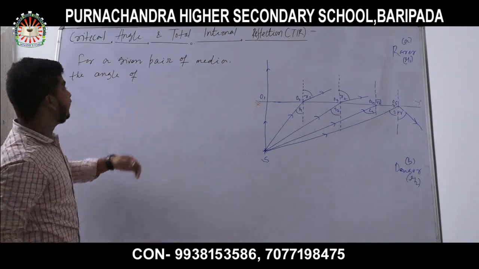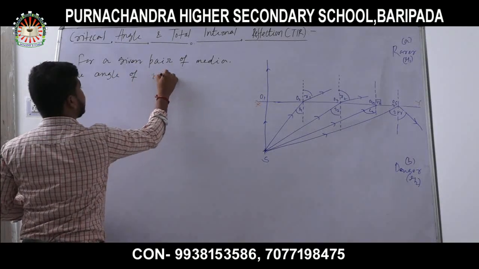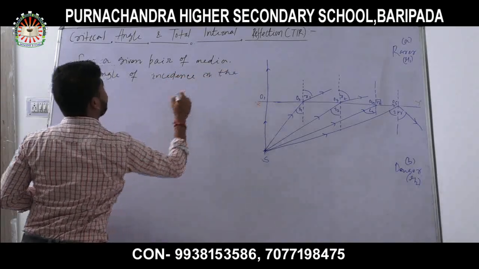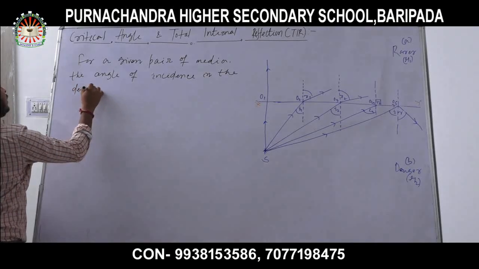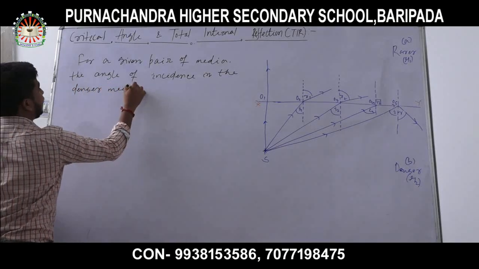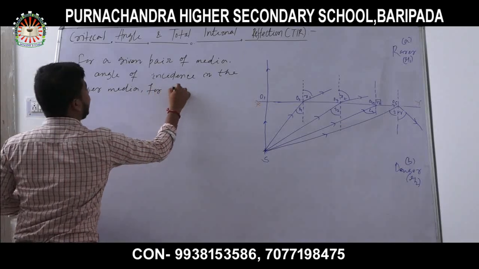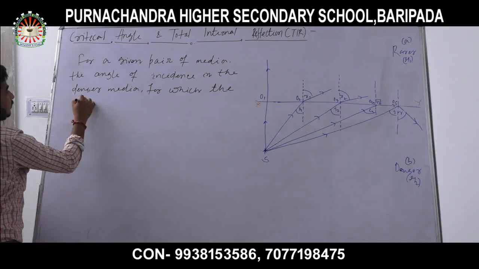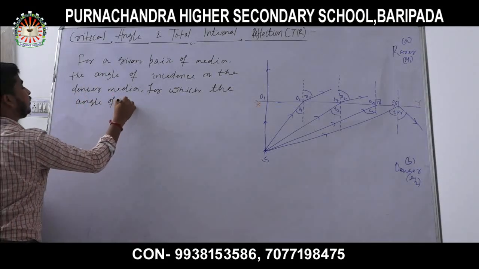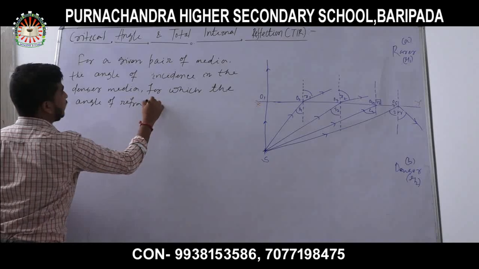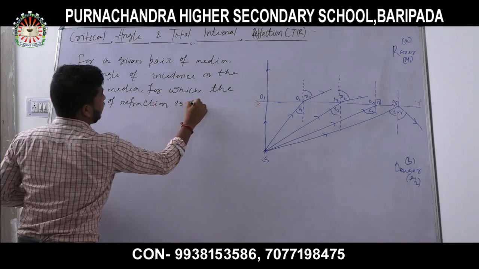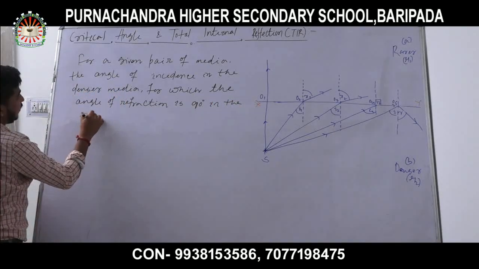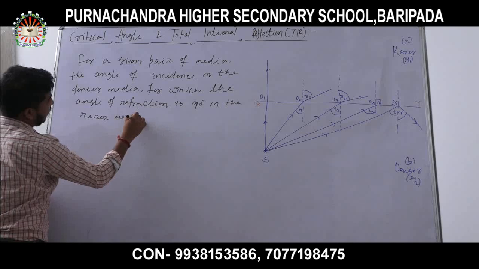For a given pair of media, the angle of incidence in the denser media for which the angle of refraction is 90 degree in the rarer media.